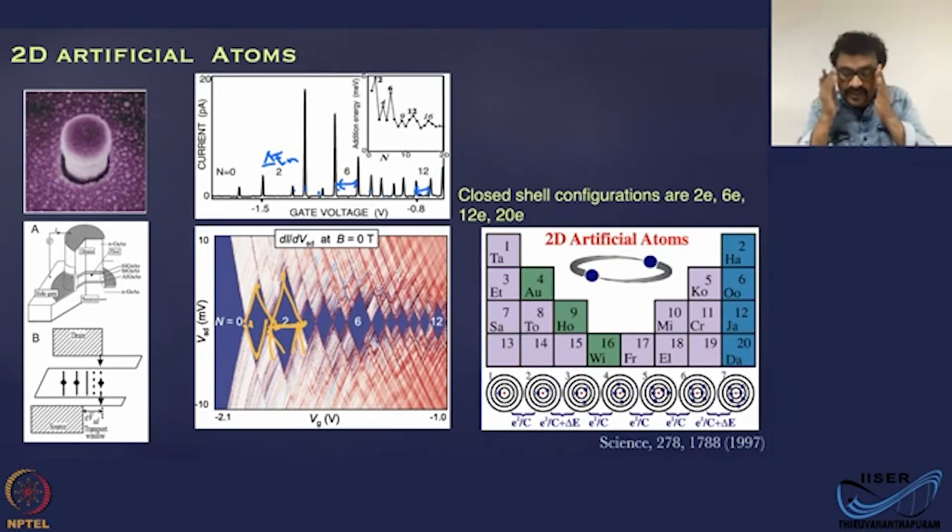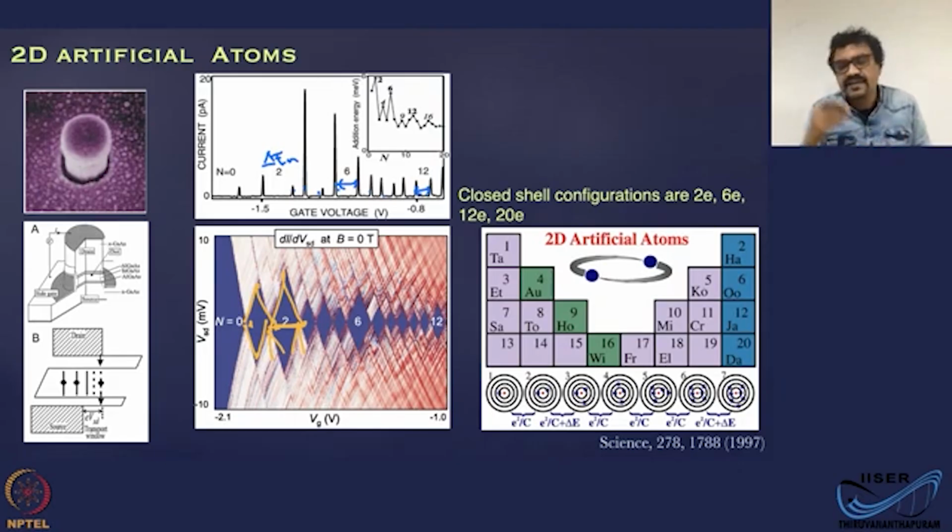In a natural atom, when you go from the left side to the right side, you walk through various elements. But here, you're not doing that. You just change the gate voltage and you have various numbers of electrons inside. But that's exactly what's happening in a natural atom also, because the constituents are protons, neutrons, and electrons, right? All you are doing is changing the number of protons, neutrons, and electrons. Here, this periodic table has just one quantum dot. It represents one quantum dot with various charge configurations.